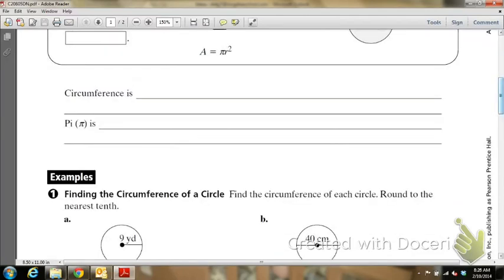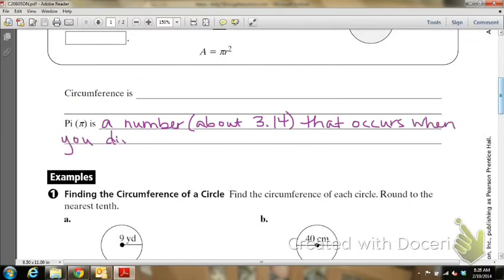So what is pi? Pi is a number. It's about 3.14. That occurs when you divide any circle's circumference by the length of its diameter.